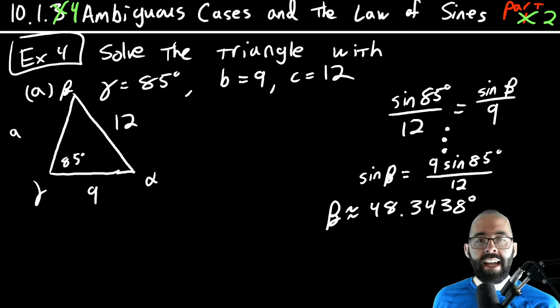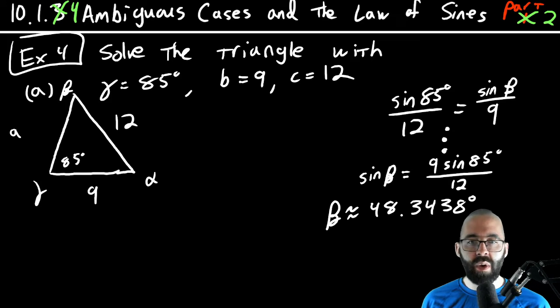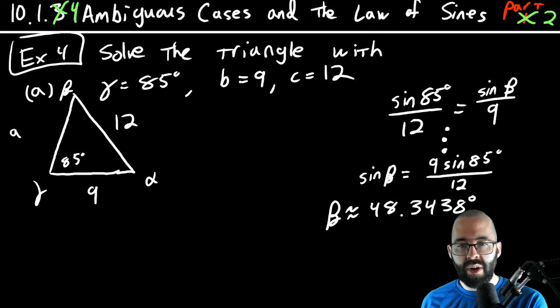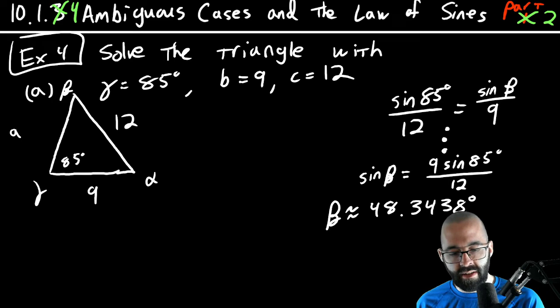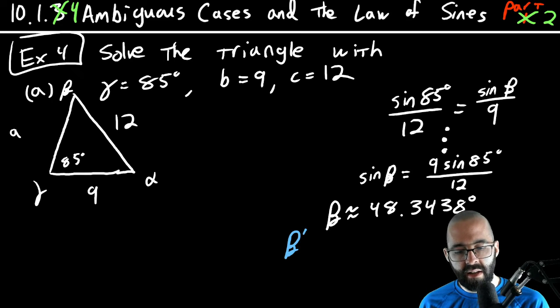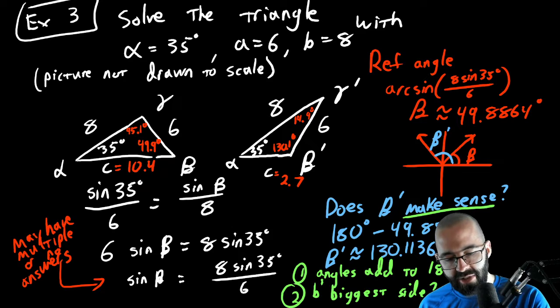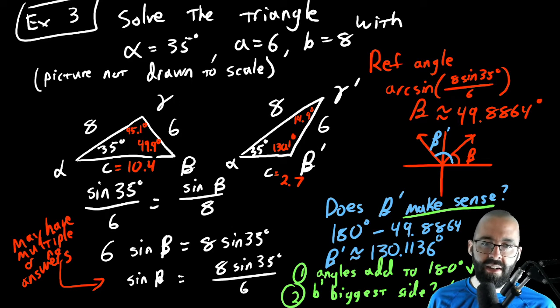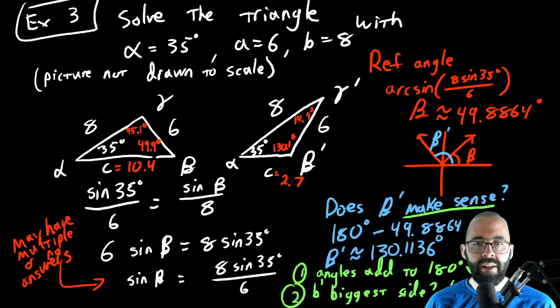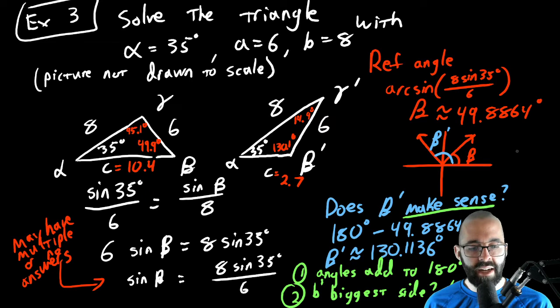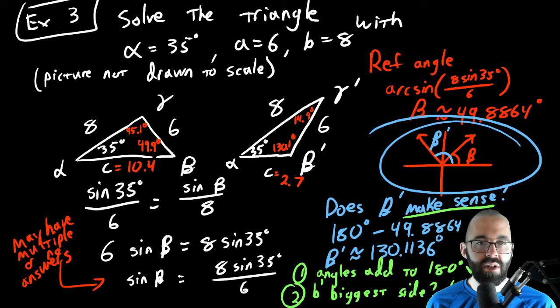And now we have to ask ourselves two questions. Does beta prime make sense? Does it make sense that we have two triangles here? What would beta prime be? Well, just like in the last video, beta is the reference angle, so beta prime is the second quadrant angle with the same reference angle.